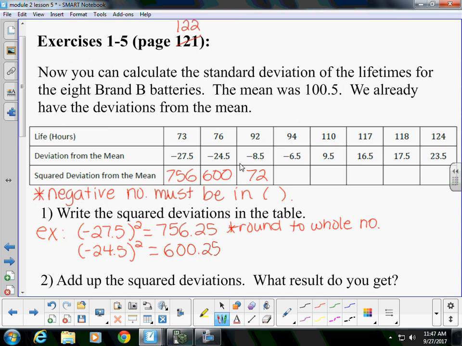And that one comes out to negative 42.25, so I'm just going to say 42. I'm sorry, it came out positive 42.25. So just 42.